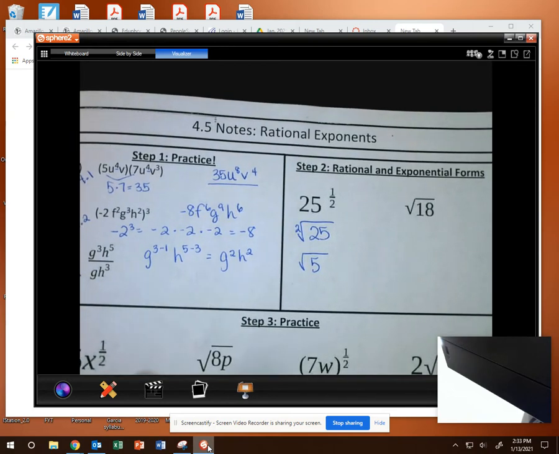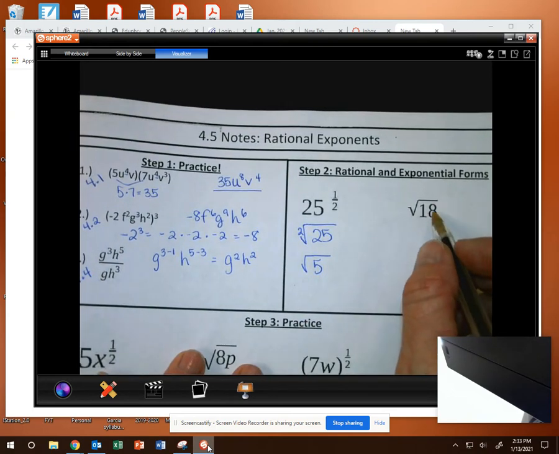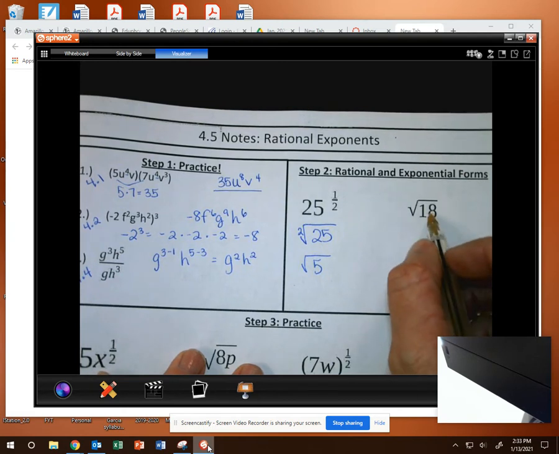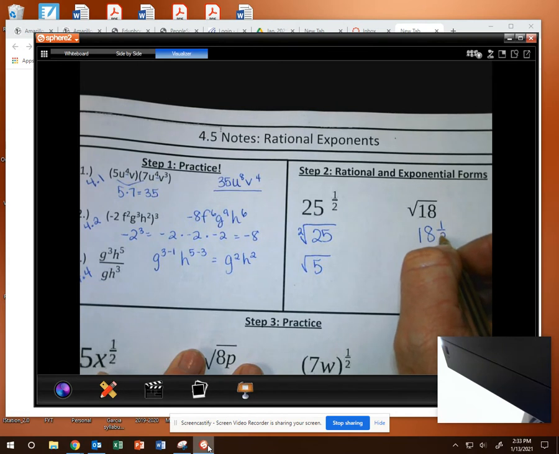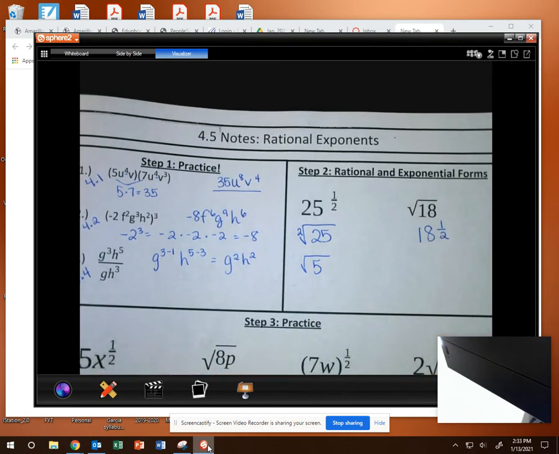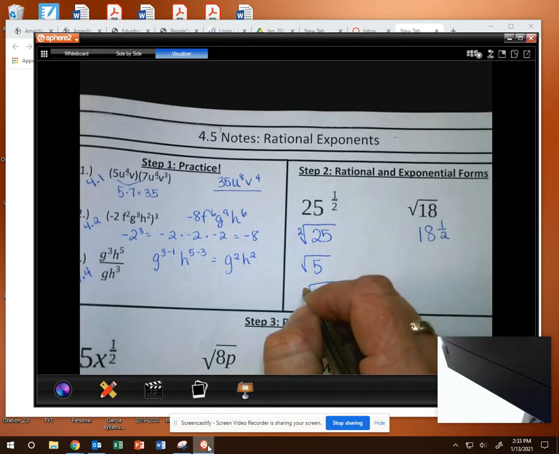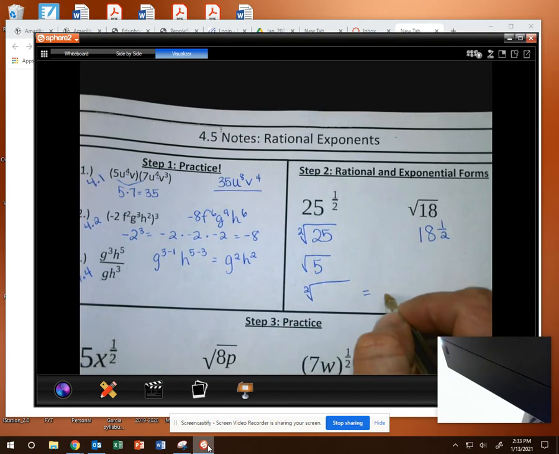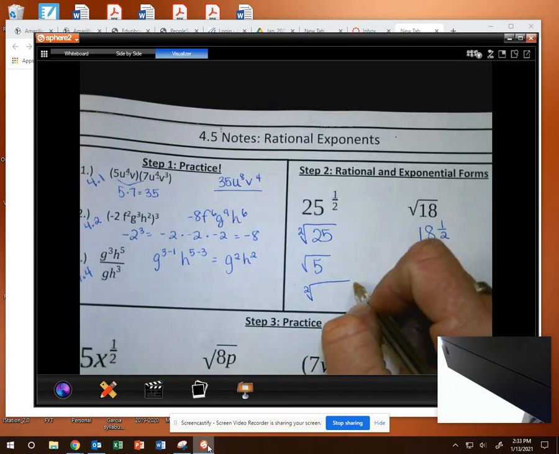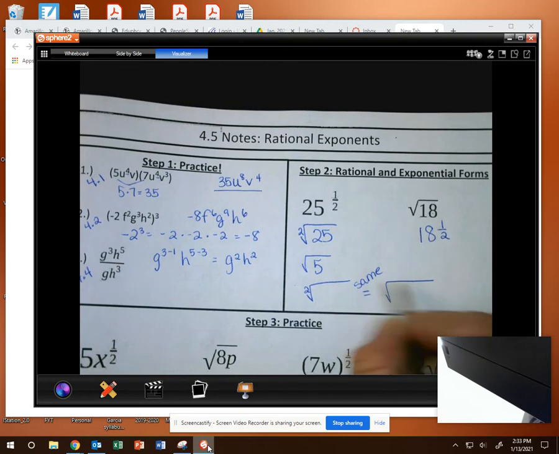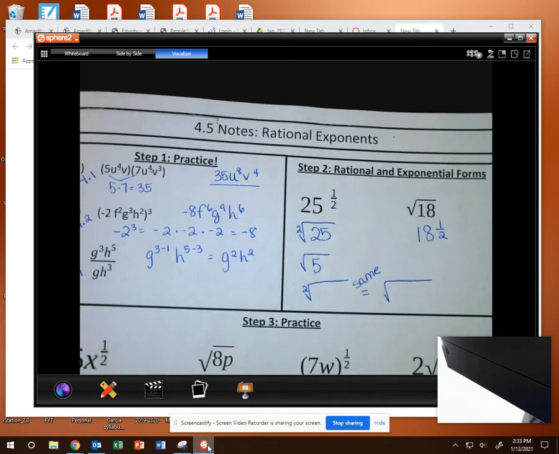Okay? If I'm going from radical form, the square root of 18 is 18 to the 1/2 power. What I want you to know is that this is the same as this. Okay, these two mean the same thing.